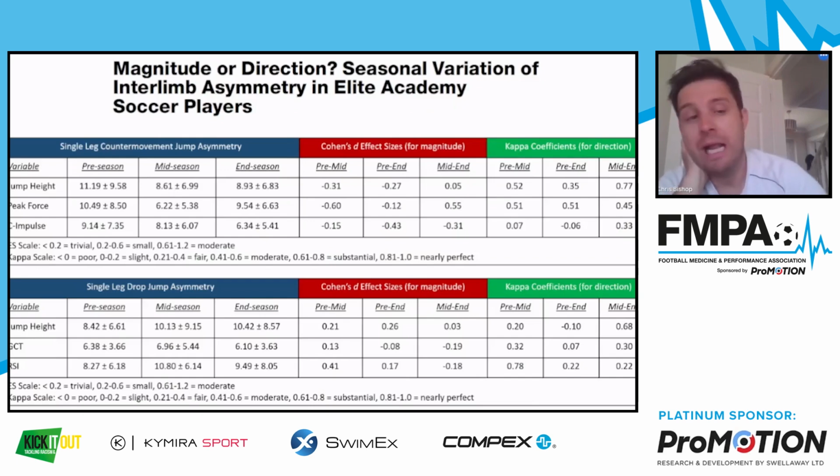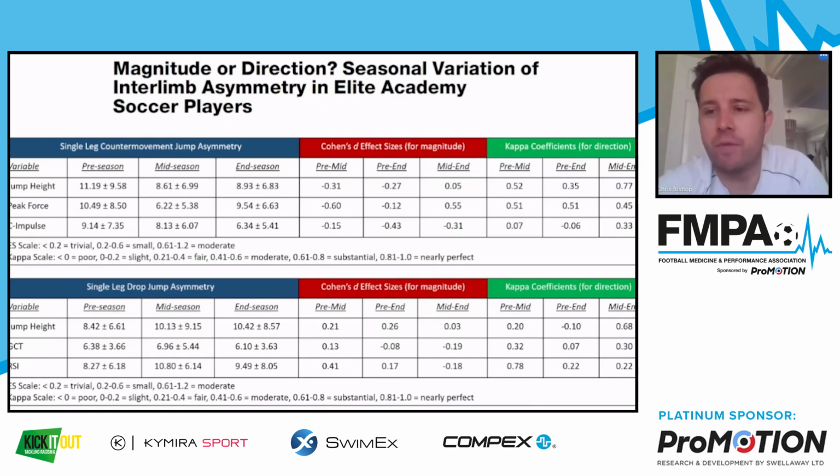So simply put, if I jump higher or I produce more force on my right leg at pre-season, is it still that right leg that's outperforming the left leg at mid-season or end of season, or comparing mid-season to end of season? If you take, for example, jump height for the counter movement jump, you can see that those levels of agreement range from fair to substantial.